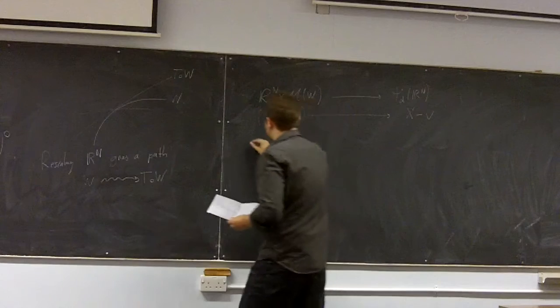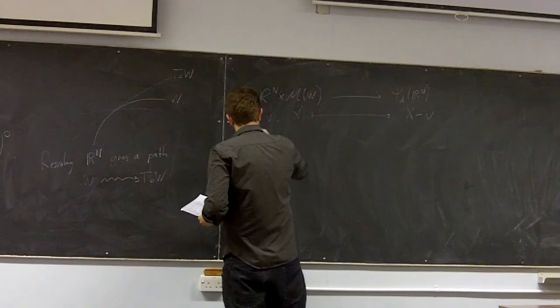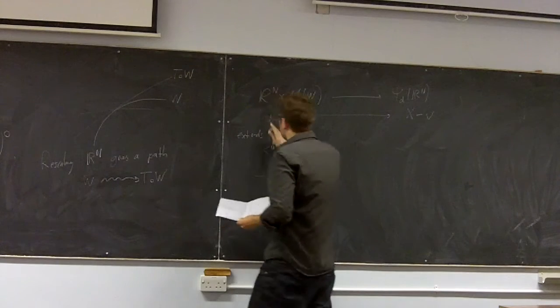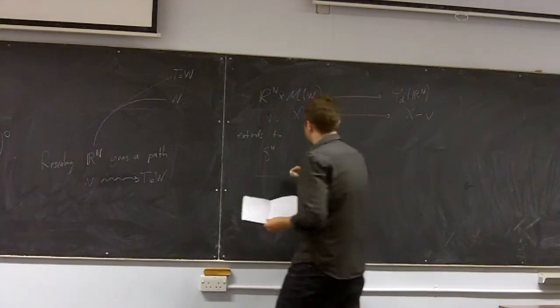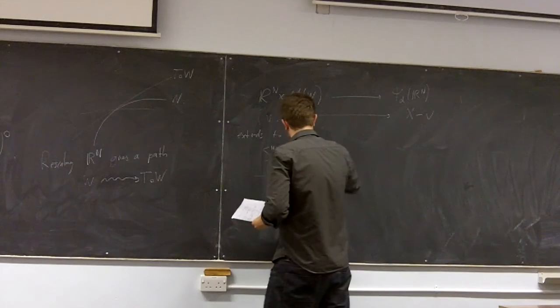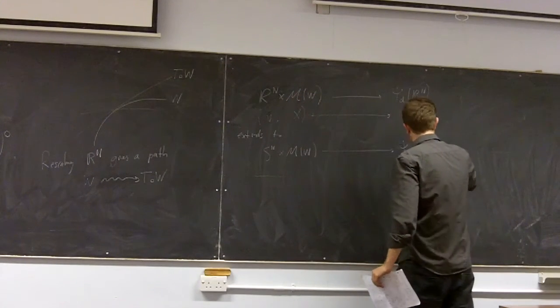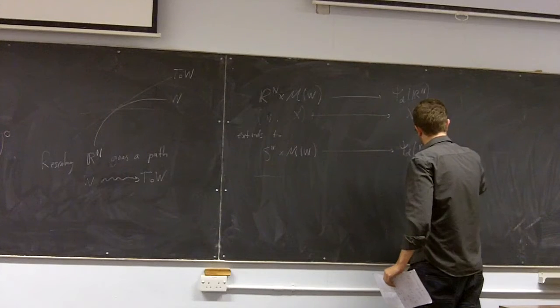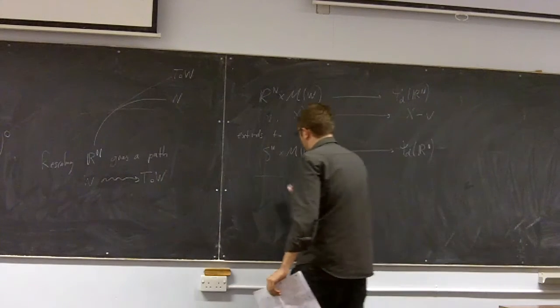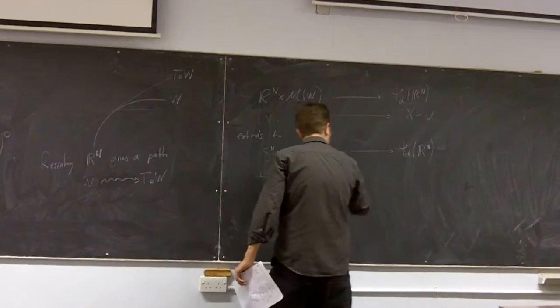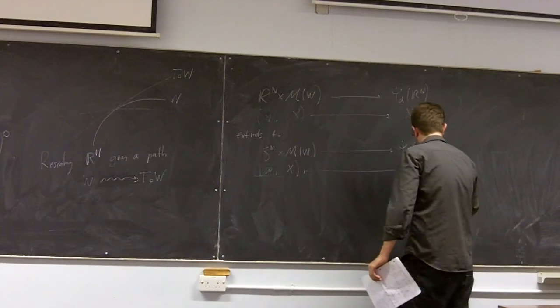So this again extends to the one-point compactification of Rn, which is the sphere, where we send infinity, comma, anything to the empty manifold.